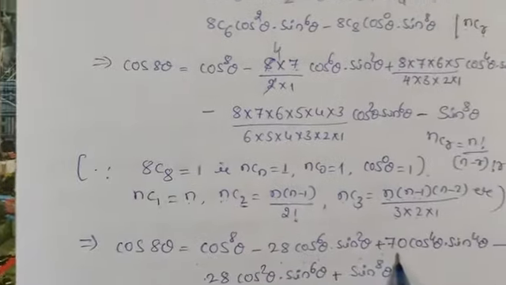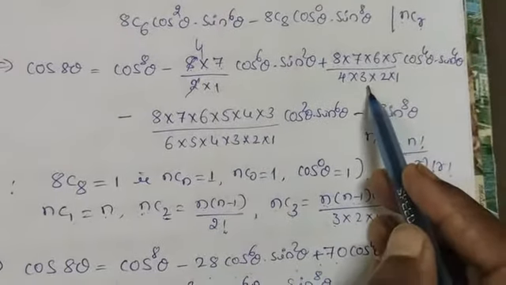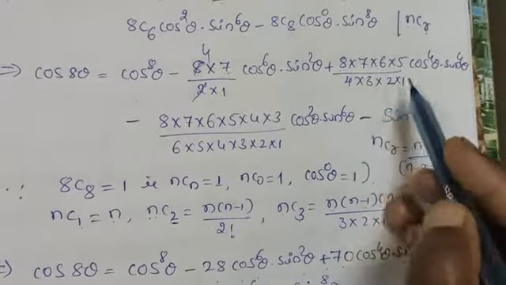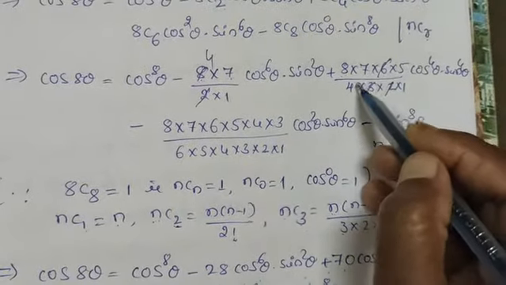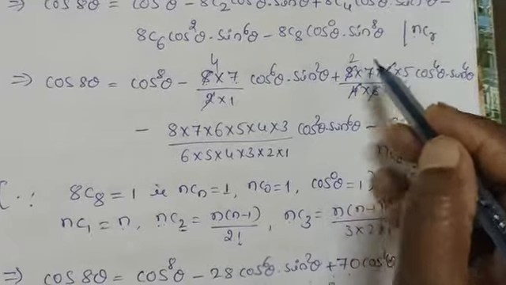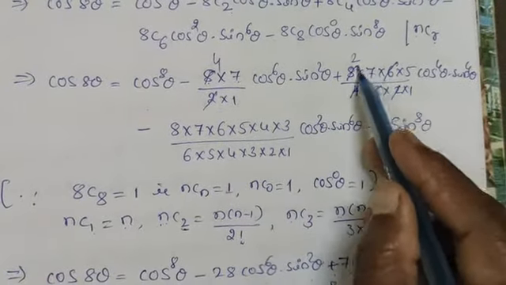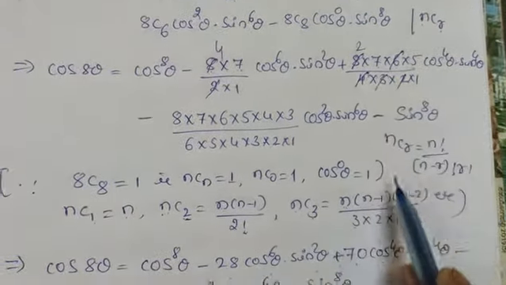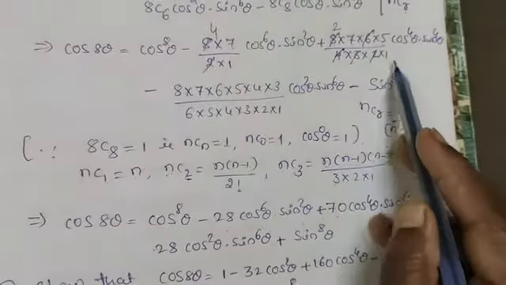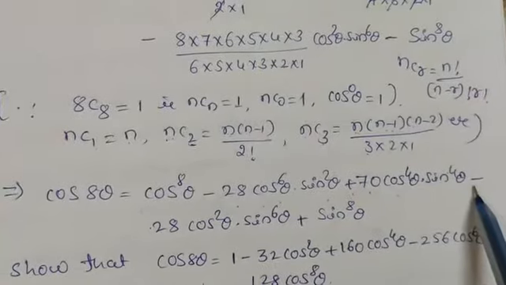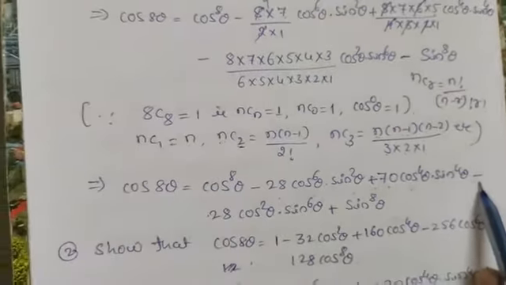Then plus, let us simplify this. So here again 3 into 2 is 6 and this 6 also gets cancelled, and 4 into 2 is 8. Let us simplify this. 5 into 2 is 10, into 7 is equal to 70 cos to the power of 4 theta and this sin to the power of 4 theta as it is, minus.